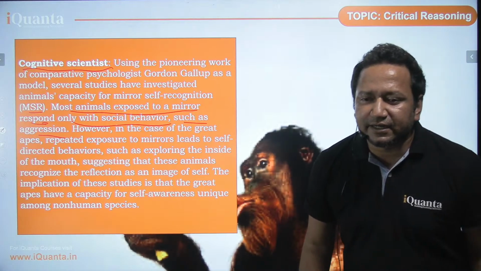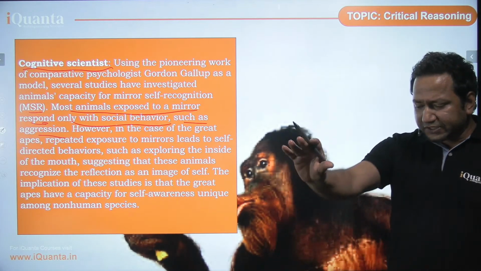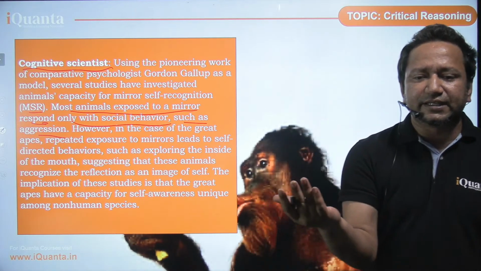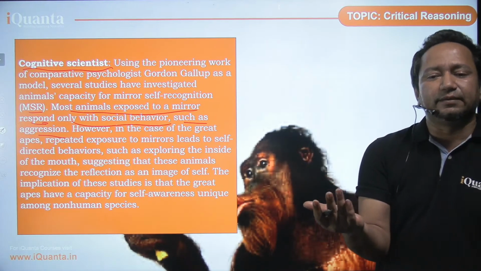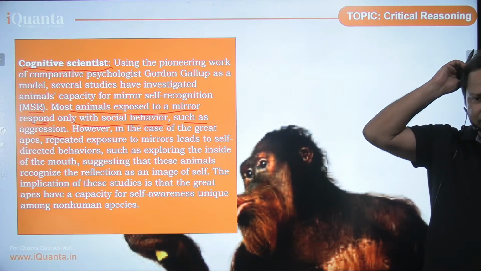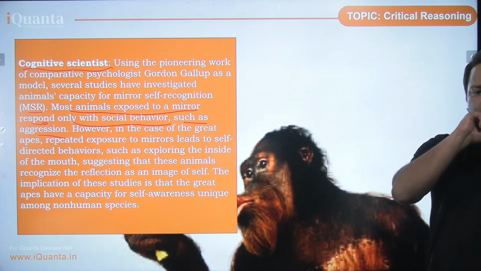They think it's another individual, right, Naveen? And that is why they become aggressive. The first reaction of animals is aggression towards another individual. The reason is simple: they are trying to defend themselves, their territory, their society, and all that. So they become very aggressive, right? That is social behavior.